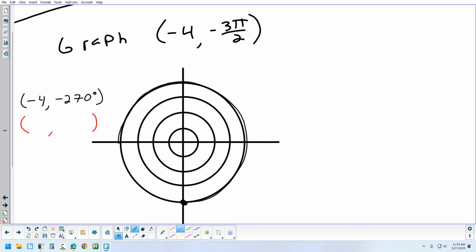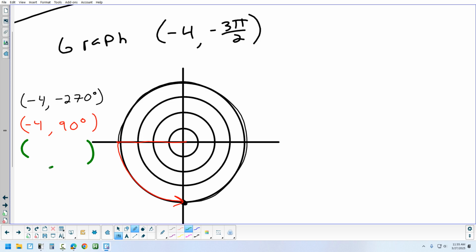0, -1. Negative 4, 90. So -4, 90. Let's try that. So -4, 1, 2, 3, 4, and then 90 degrees that way. Yep. What's another way?